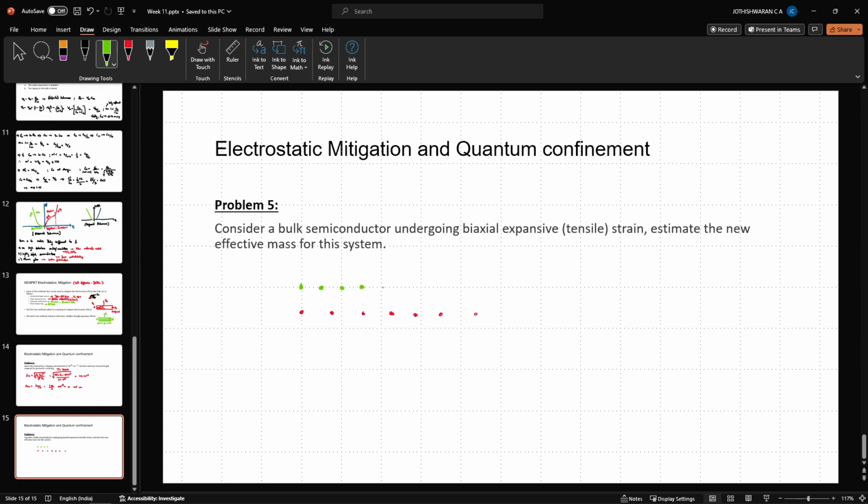Let us say I'm doing this. Let me call this smaller lattice constant A, and let me call this bigger quantity AS.